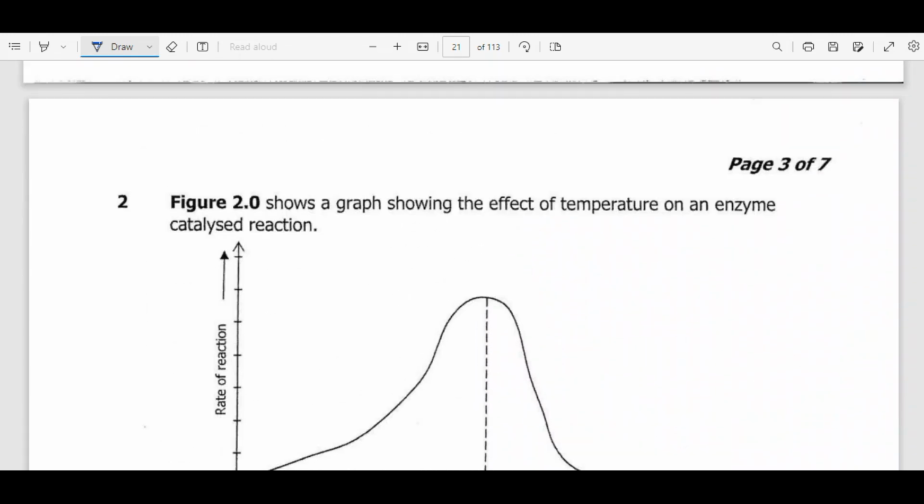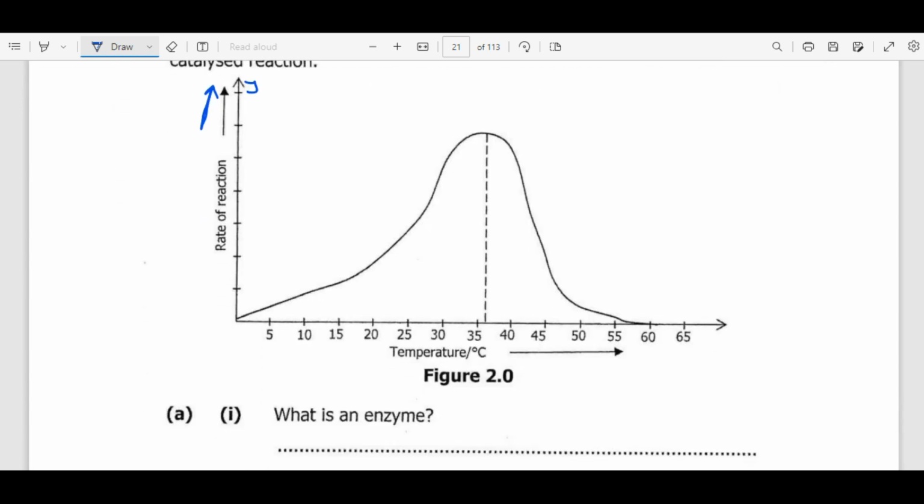Figure 2.0 shows a graph showing the effect of temperature on an enzyme catalyzed reaction. So we have the rate of reaction, which is this side. So we can say that is y. And then we have the temperature, so the temperature is x there. So we can apply the principle of math.